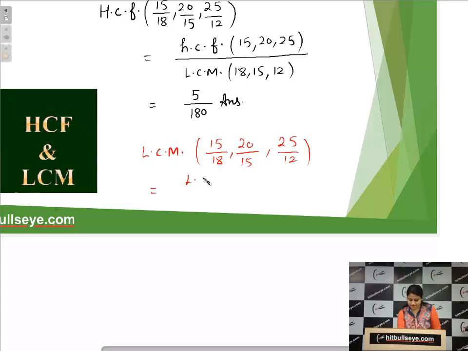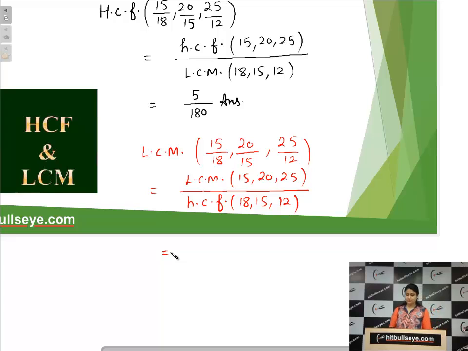This will be the least common multiple of the numerators, which are 15, 20 and 25 in this case, divided by the HCF of the denominators. So what is the least common multiple of 15, 20 and 25? It will be 300 in this case. And what will be the HCF? That is 3. So what is the answer in this case? It will be 100.